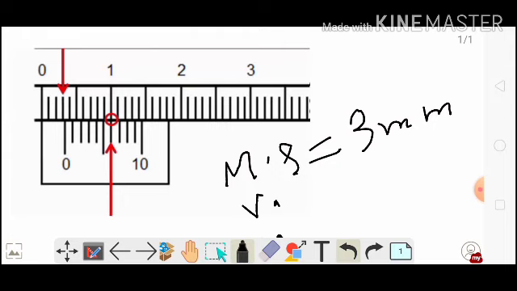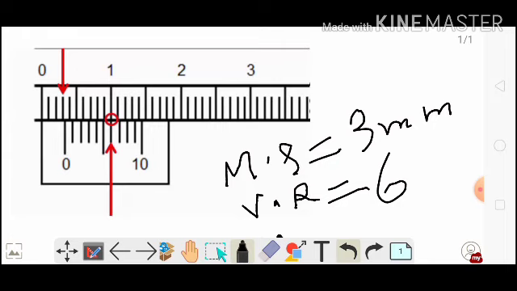It can be any mark, you don't have to find out the number from the main scale. Just look at which mark from both scales is coinciding and take the vernier scale reading. From here, in the vernier scale, the sixth mark is coinciding with one of the marks in the main scale. For this particular scale that is 1, but you don't have to look at that, just look at the vernier scale. So here the vernier reading will be 6.